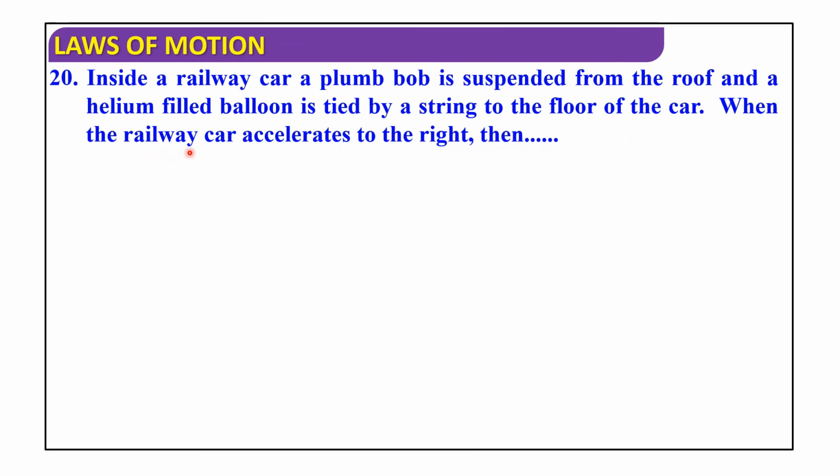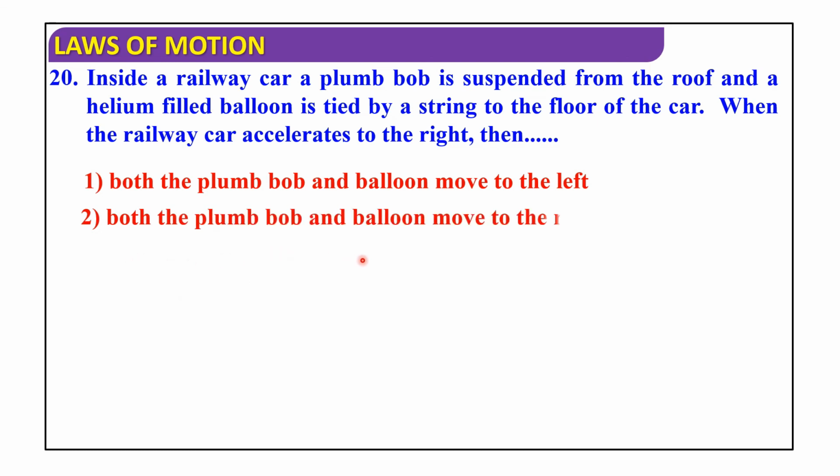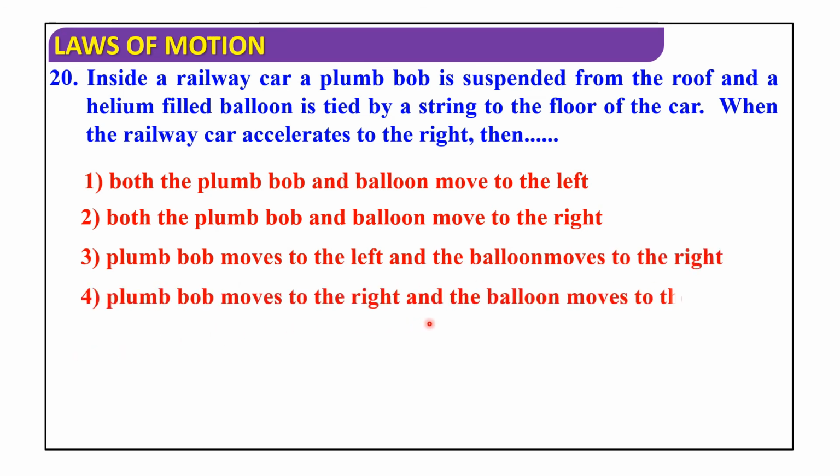When the railway car accelerates to the right, then both the plumb bob and balloon move to the left; both move to the right; the plumb bob moves to the left and the balloon moves to the right; or the plumb bob moves to the right and the balloon moves to the left. Here, when the railway car accelerates to the right, the plumb bob moves to the left and the balloon moves to the right. Third option is correct.